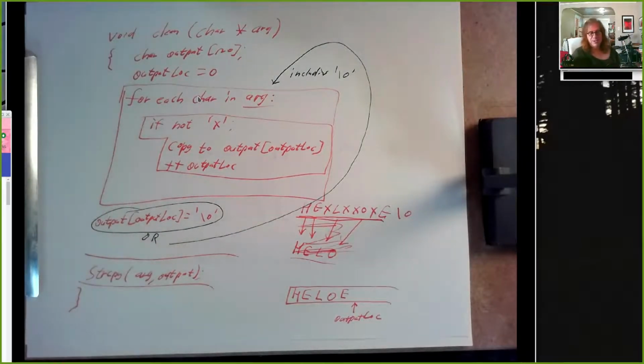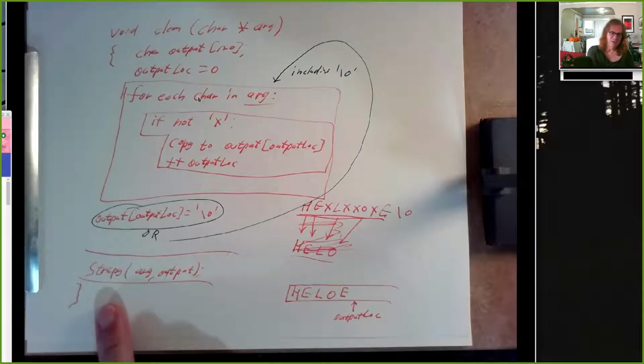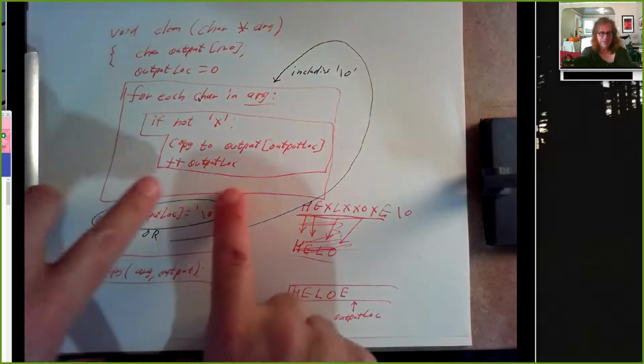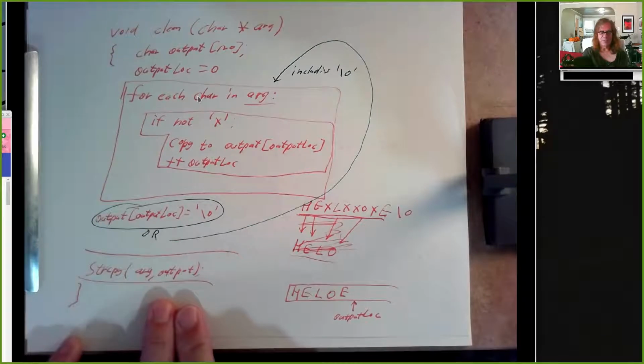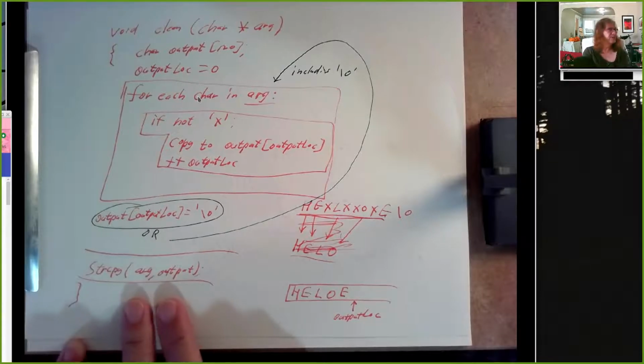Now if we didn't know anything about the lengths of these character arrays, this would be a dangerous thing to do. But we know that our argument is never more than 120 characters, so we're not going to get into trouble doing this assignment. And we know that our output array is no bigger than our original argument. It's probably smaller because we got rid of a few characters. So this string copy will be safe.